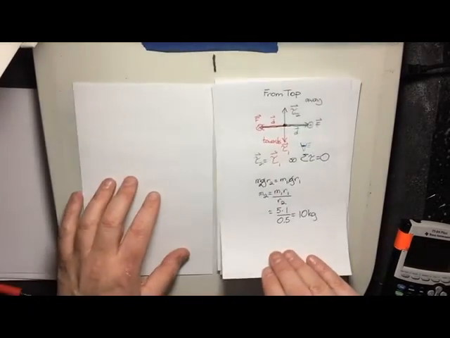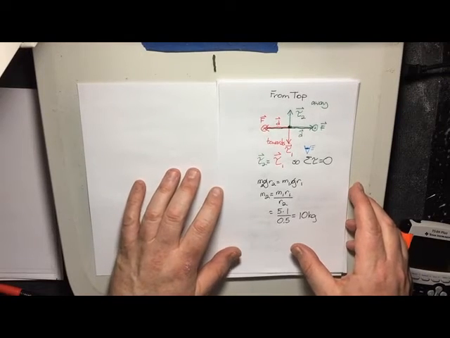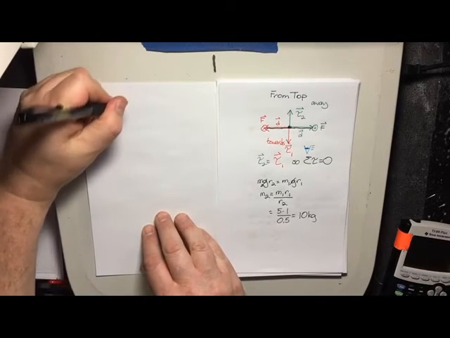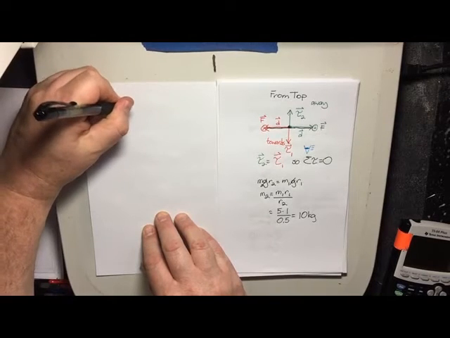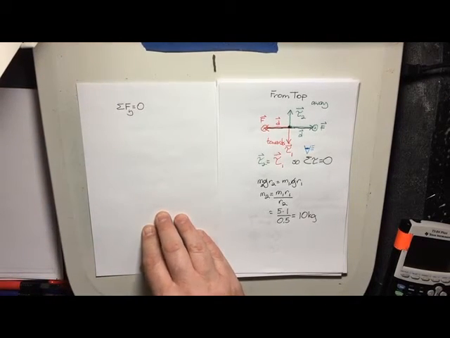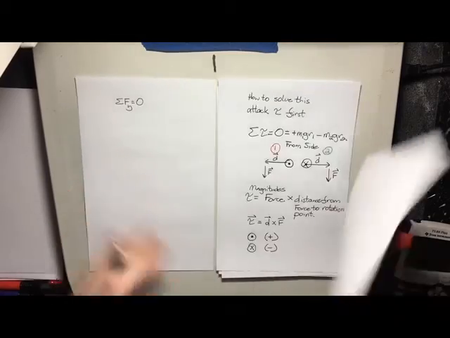All right, next. Continuing on to this problem, because we haven't solved for one other thing. The other thing that we know about the bar is it's not moving up or down. If the bar is not moving up or down, the sum of the forces in the vertical is equal to 0.